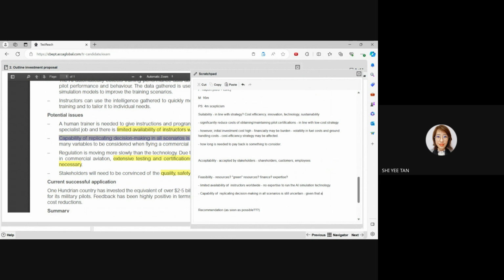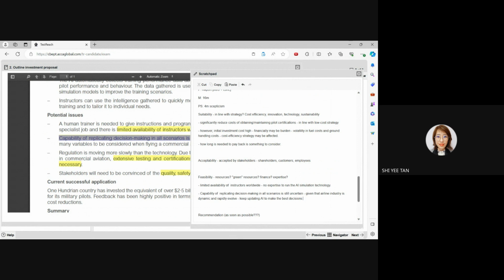Given that the airline industry is dynamic and rapidly evolving, most likely you have to keep updating your AI to make the best decisions, or else AI may give you a wrong decision, which may affect the safety, right?